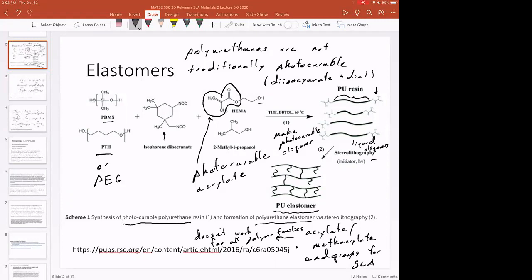So then you can do the SLA, because SLA relies on this liquid to solid transition. And then you can do your post chemistry however you want. So that's an important thing to remember, is you just can't take ABS and convert it into an SLA resin through this end group approach. You have to get something that doesn't have any ABS in it that has ABS-like properties.